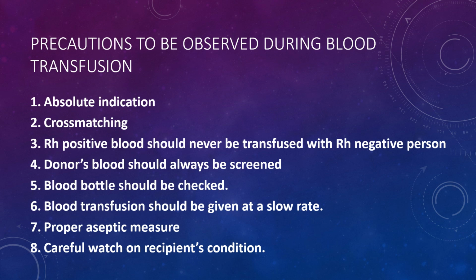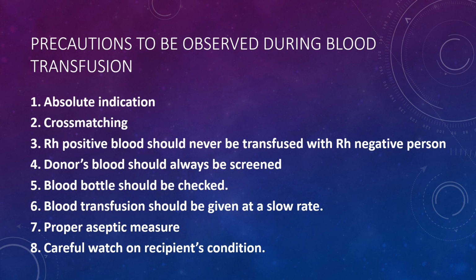Then proper aseptic measures, because whenever you do a blood transfusion, you should take all the aseptic measures which you take in any kind of infusion. So it is very important to take all the proper aseptic measures.